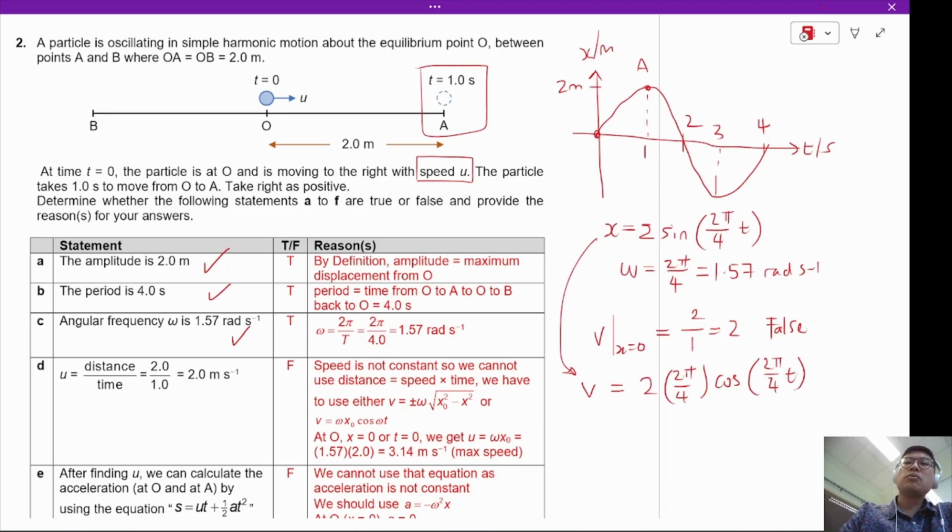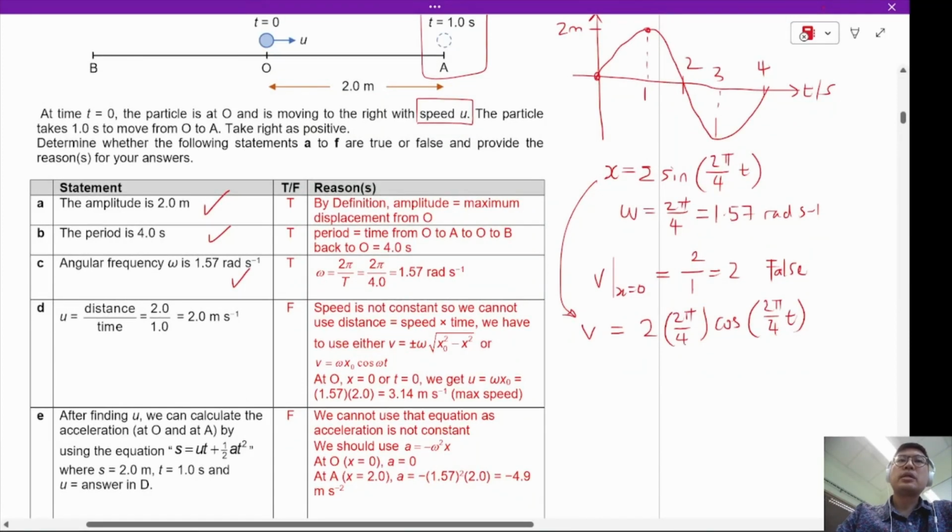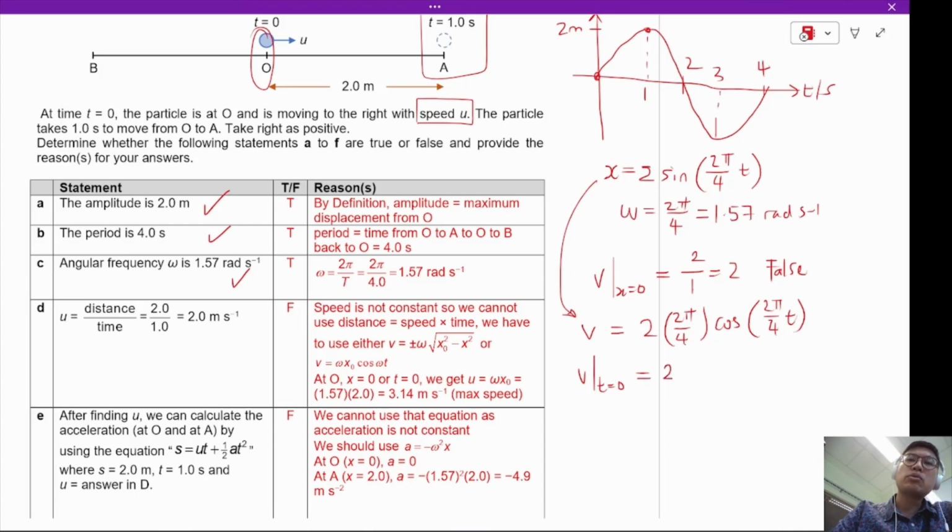So when the object is at the center, when time t equals 0, the velocity will be 2 times 2 pi over 4 cosine of 0, which is going to give us 3.14 meters per second. So this is the correct answer, not 2. You can't use distance over time for this.